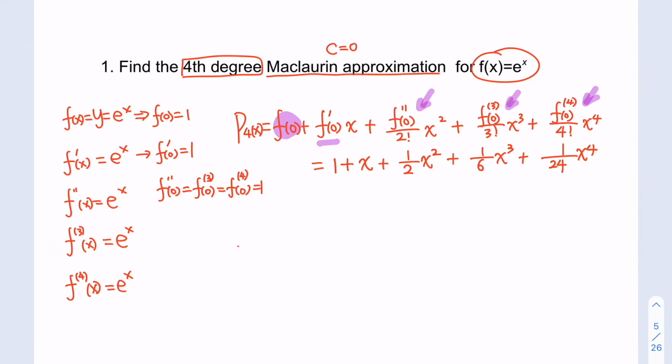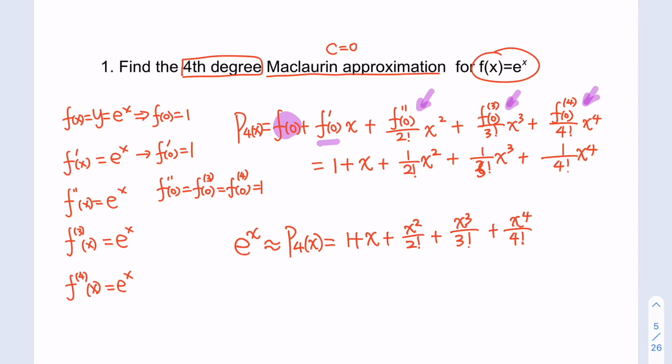So e to the x, using the fourth degree Maclaurin polynomial, is approximately 1 plus x plus x squared over 2 factorial plus and so on. You don't have to simplify it if you don't want to. You can leave it like this.